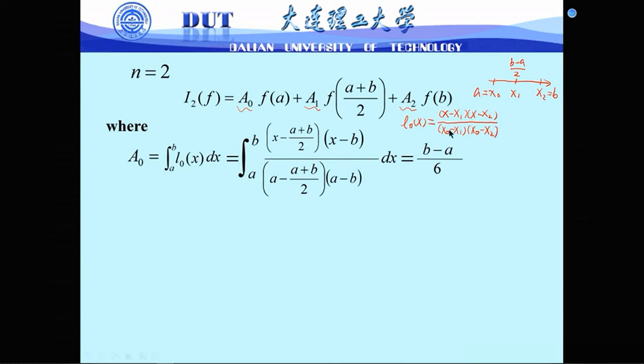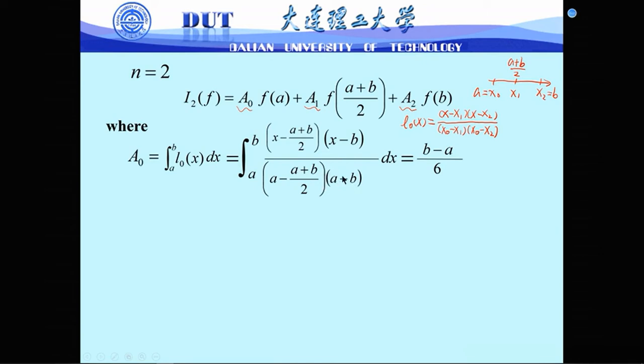You should write the basis functions very quickly. Now you should know x1 is the midpoint, (a plus b) over 2. Multiply x minus x2, which is b, divided by x0 is a, so a minus (a plus b) over 2, multiplied by a minus b.